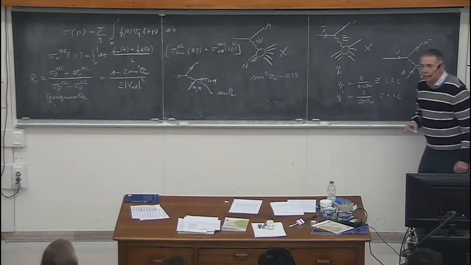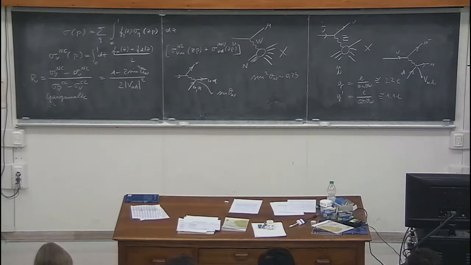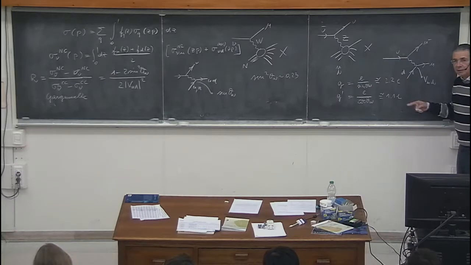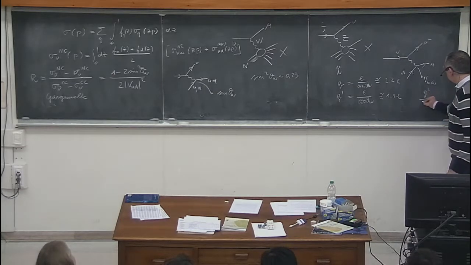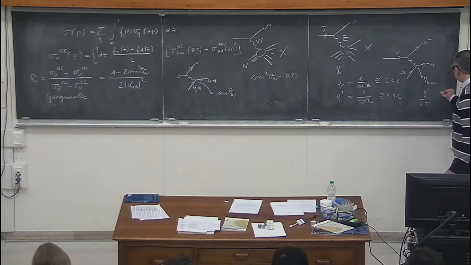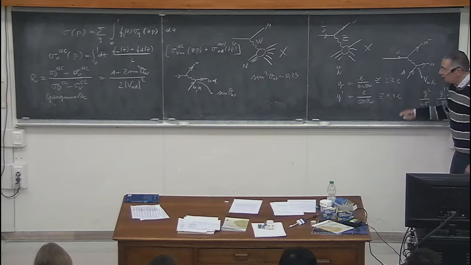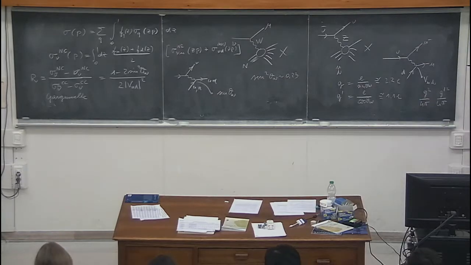The coupling constants G squared over 4 pi and G prime squared over 4 pi are not much different from the fine structure constant. So perturbative calculations in the Standard Model are expected to be reliable, and in fact they are. It turns out that you have to make extremely precise experiments in order to see Standard Model radiative corrections.